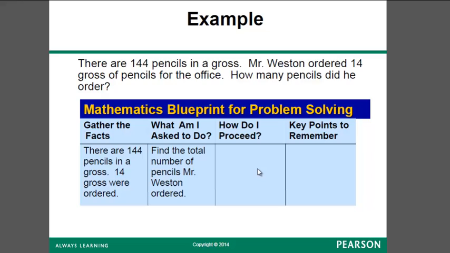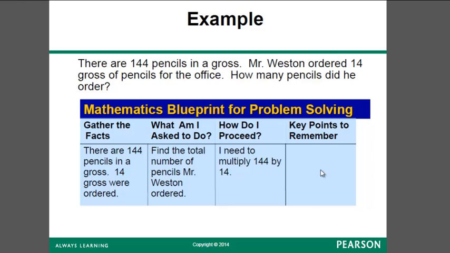Third column, how do I need to proceed with that? Well, I ordered 14 gross, and there's 144 in each gross, so I probably need to multiply 144 by 14. There's several different things that we could put in these key points to remember.